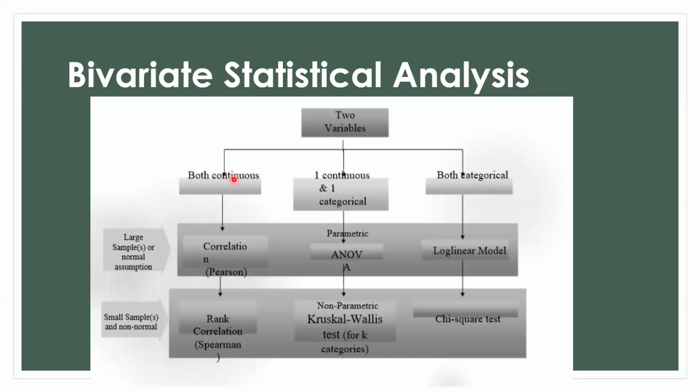First, you have to look at whether both of them are continuous. Both variables may be continuous, right? If they are continuous, then again the large and small group distinction is there because it is directly related to the normality of data. So if both are continuous, we go with the correlation.